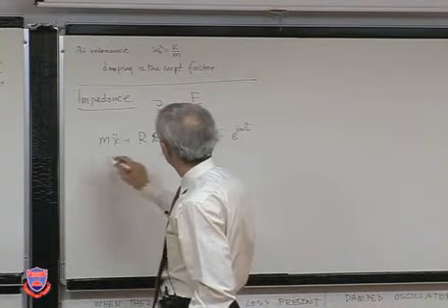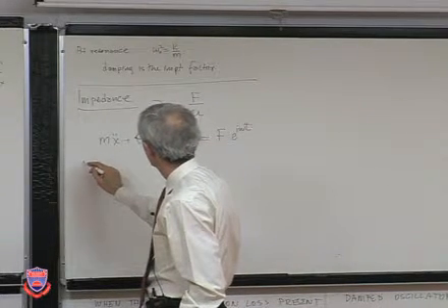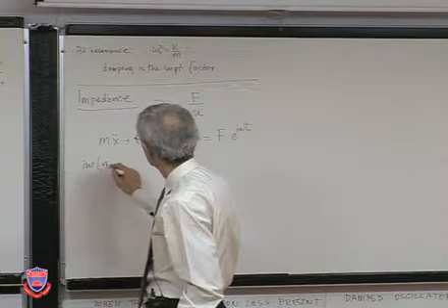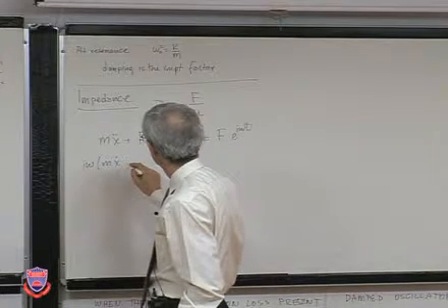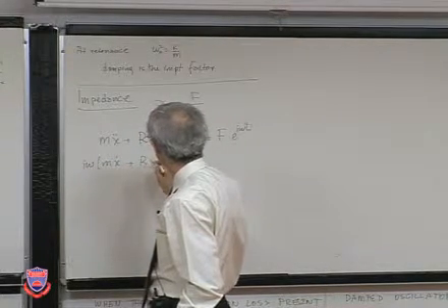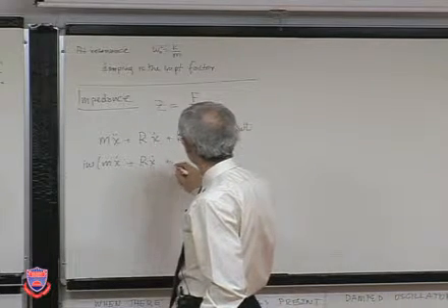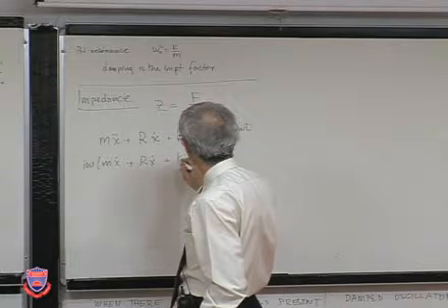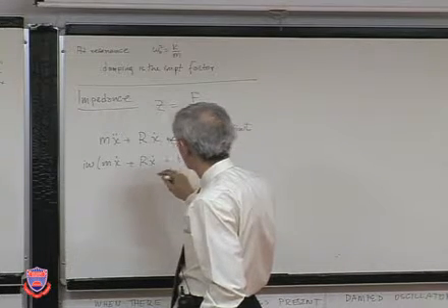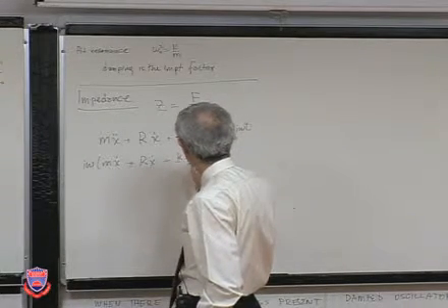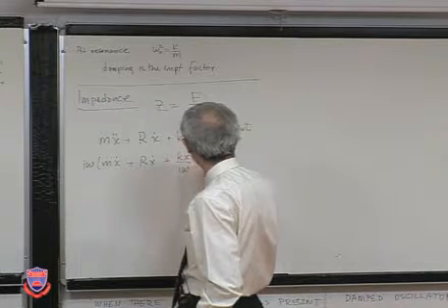Okay, so this one we can say i omega times m x dot. And this one is k x dot divided by i omega.